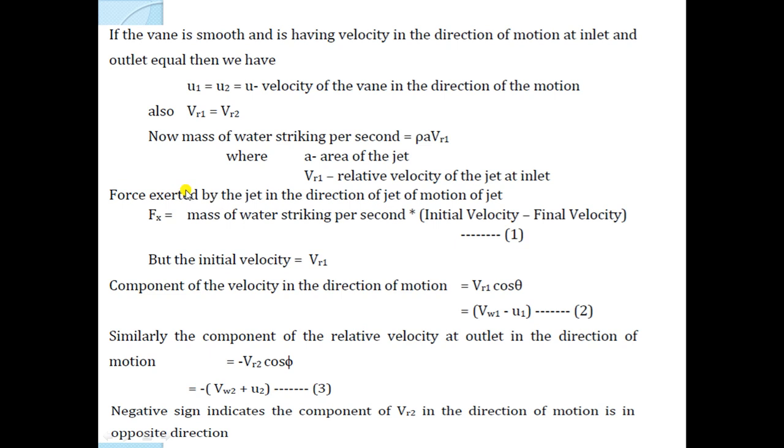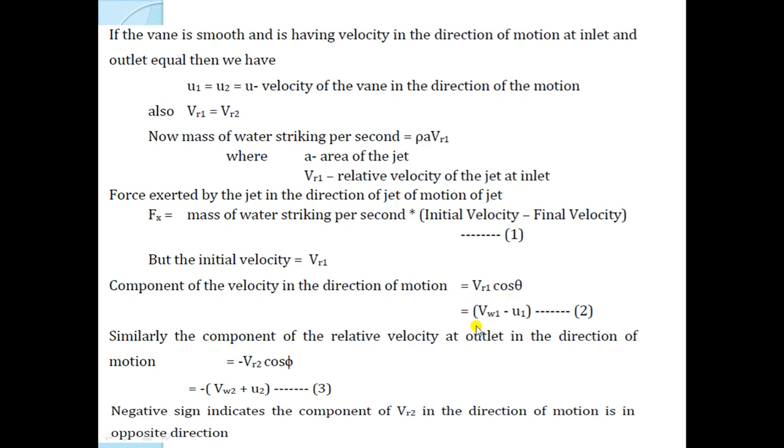Let me repeat this once again. The force exerted by the jet in the direction of motion of the jet is Fx, which is mass of water striking per second into initial velocity in the direction of motion of the jet minus final velocity in the direction of motion of the jet. The initial velocity is Vr1, but the component of velocity in the direction of motion is Vr1 cos theta.